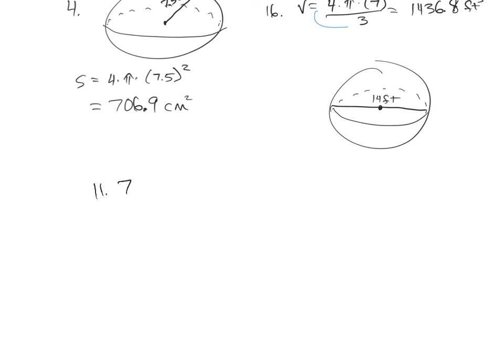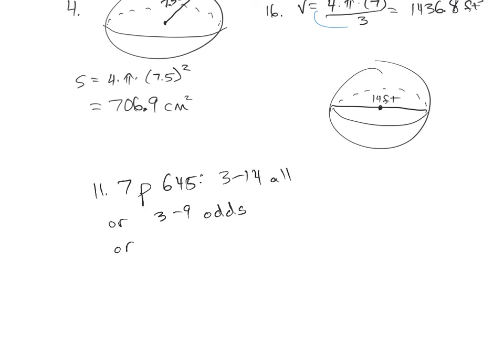So on 11.7, you had possibility of doing all the problems, which is page 645, and that would be 3 to 14. Or you can do problems 3 through 9 odds.